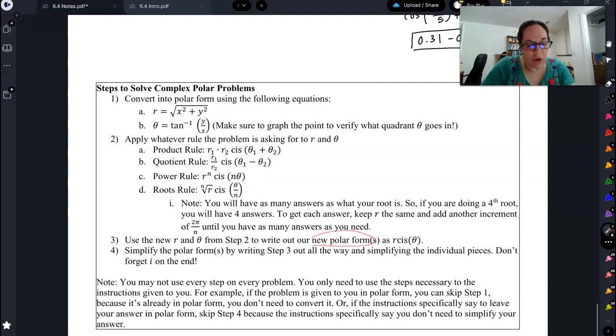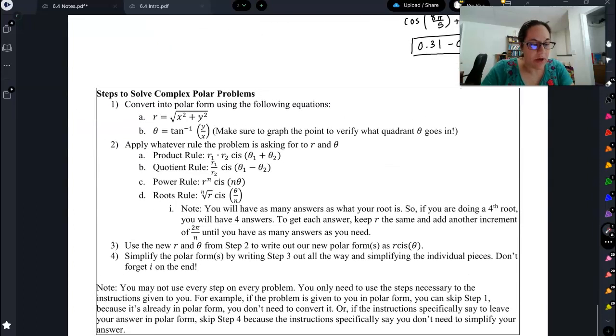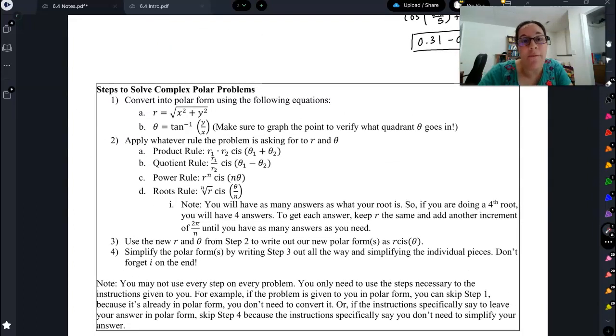Then write out your new polar form and simplify it into the individual pieces so you end up with your answers. So that is everything for complex numbers. You are done with chapter 6. In the next chapter, chapter 7, we'll dive into something completely different, which is vectors.